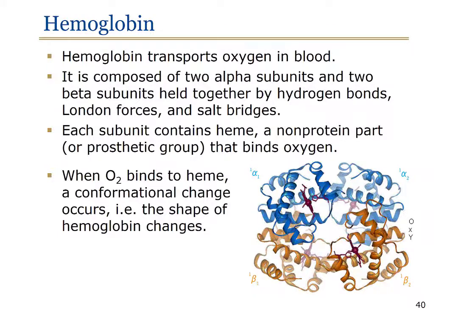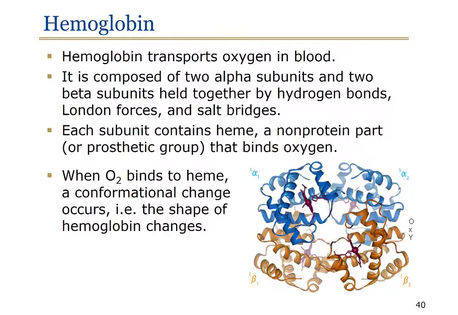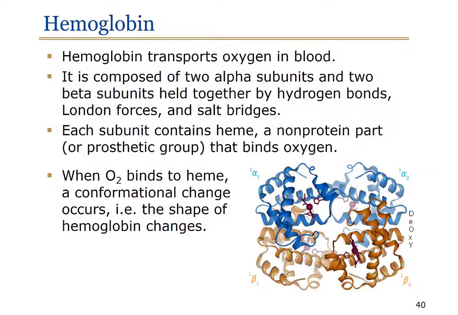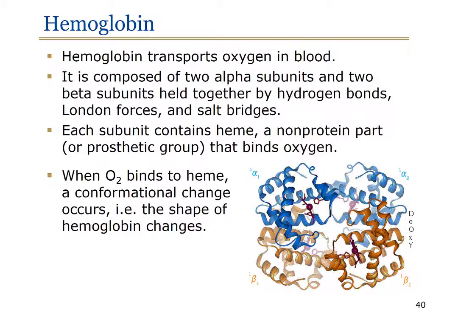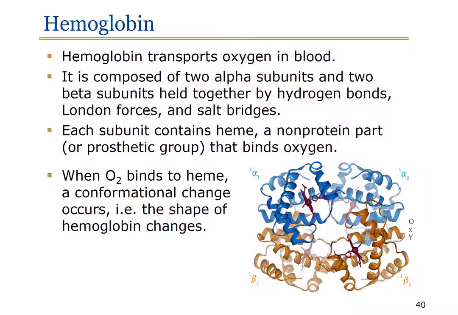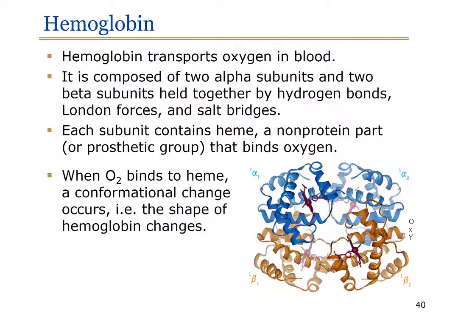So it turns out these 4 chains arrange each other in 2 different ways. There's a tight binding and a less tight binding state. The tight binding state likes to bind to oxygen. That's helpful in the lungs, so that all 4 sites on the hemoglobin are filled with oxygen.